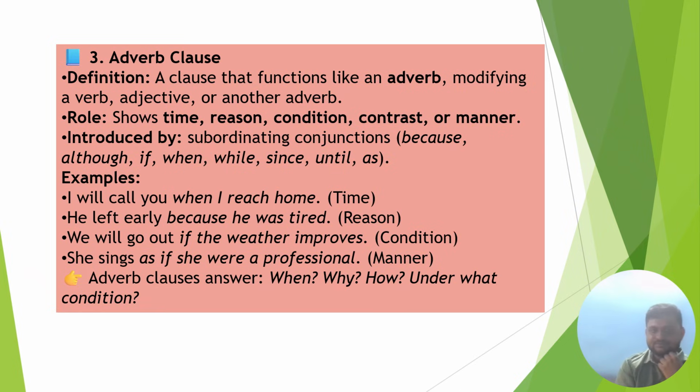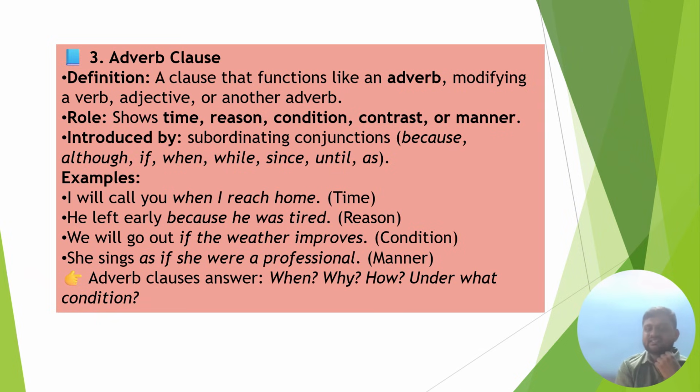For example, I will call you when I reach home. This clause shows the time of the person when he will call. So it fulfills the time criteria of an adverb clause.